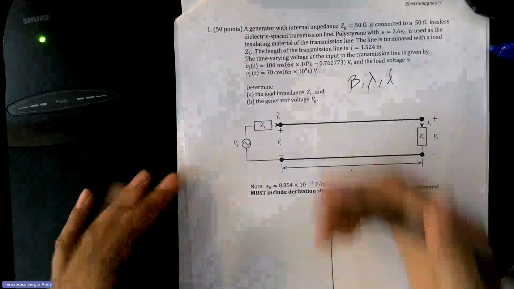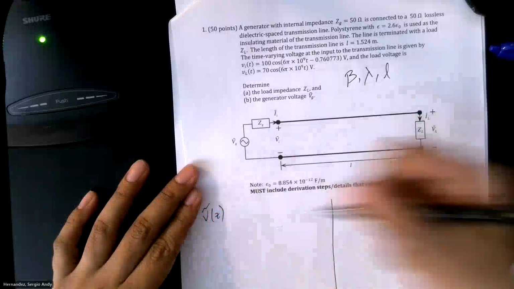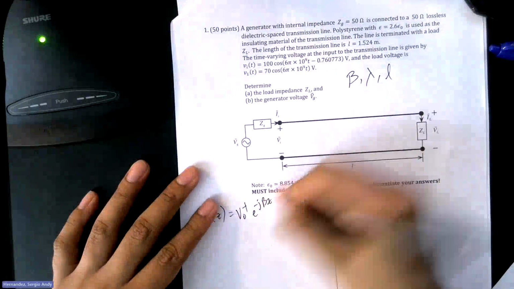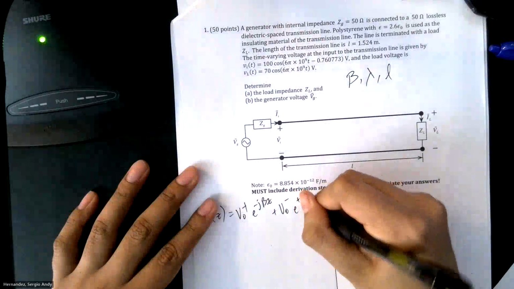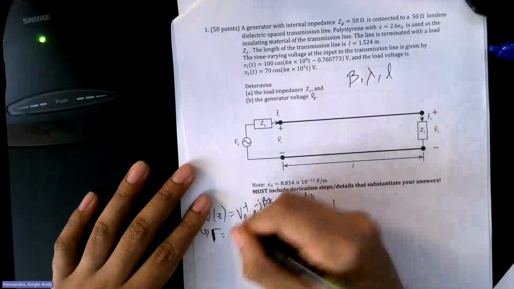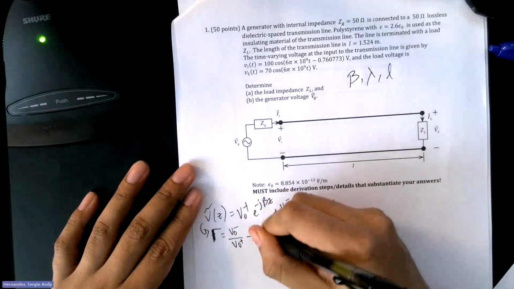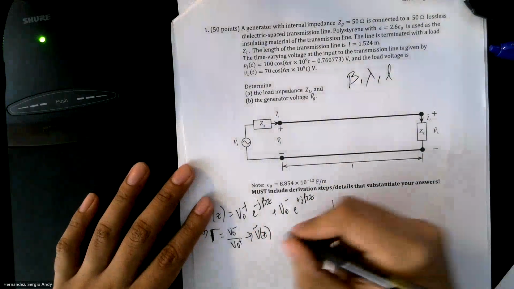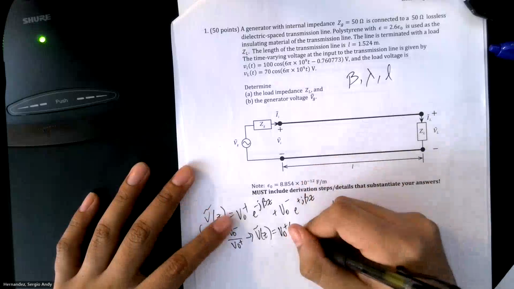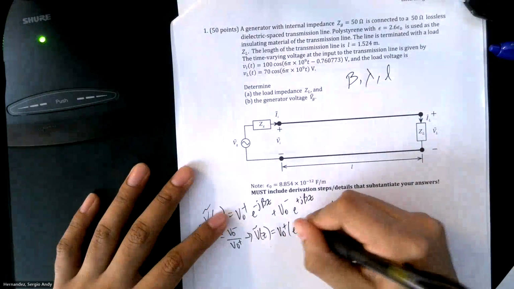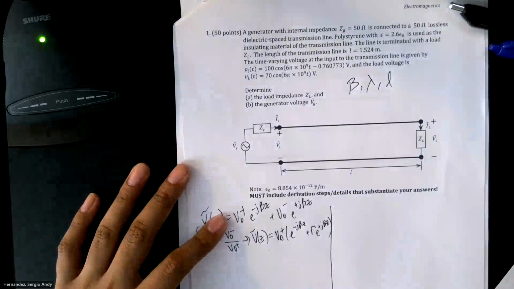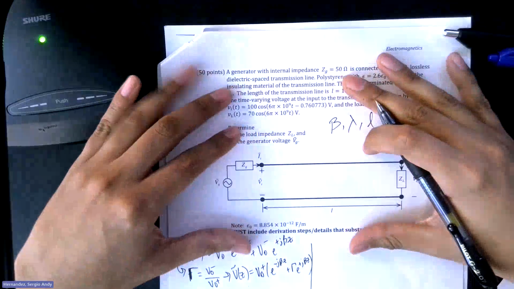So the first step is usually just using that telegrapher's equation I showed earlier, plus e to the minus j beta z plus, and then with gamma, oops, gamma equals, this turns into, right. And then from here, you want to start reading the problem actually.